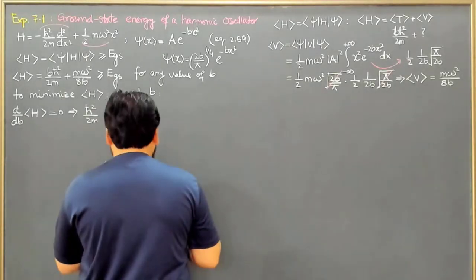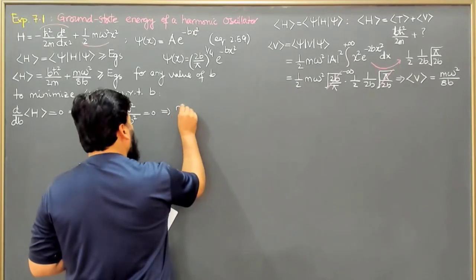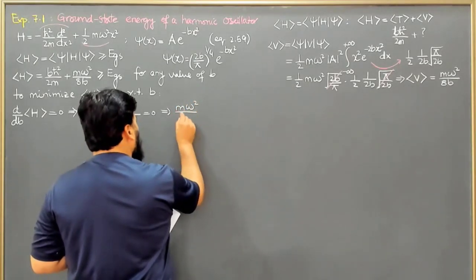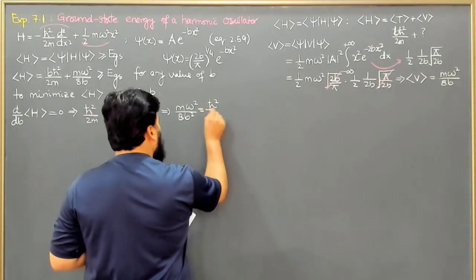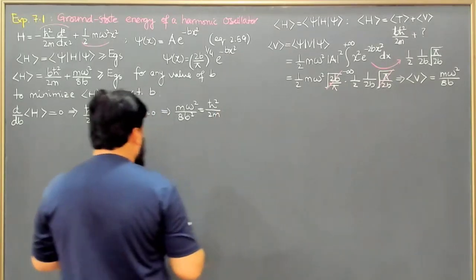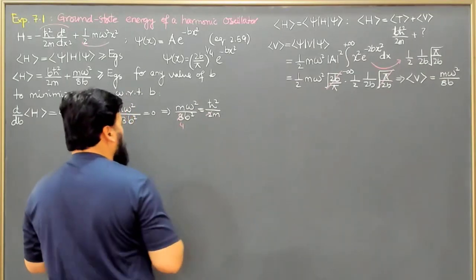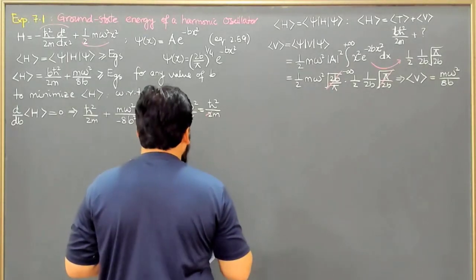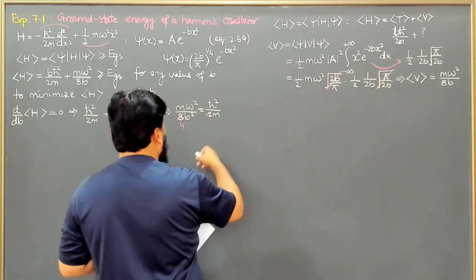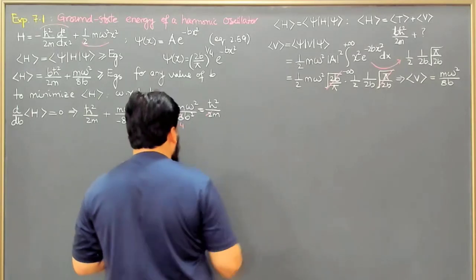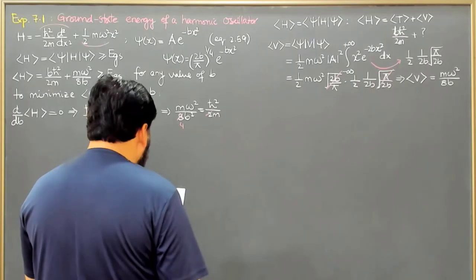And further I can write that m ω² over 8b² is equal to ħ² over 2m, and with some simplification, 2 is gone with this, so 4 here, and then I will multiply this, and this is a cross multiplication, and I can write b in terms of this.